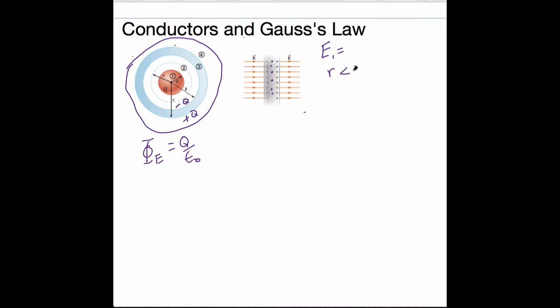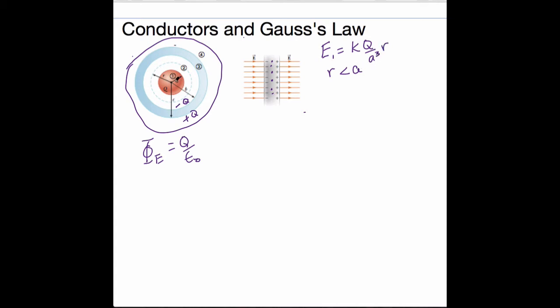So our Gaussian surface is less than a, so down in here somewhere. We already showed this in another video: E = kQr/a³.